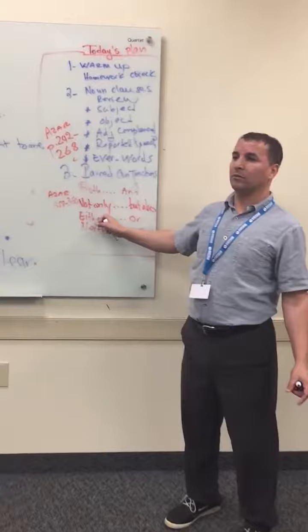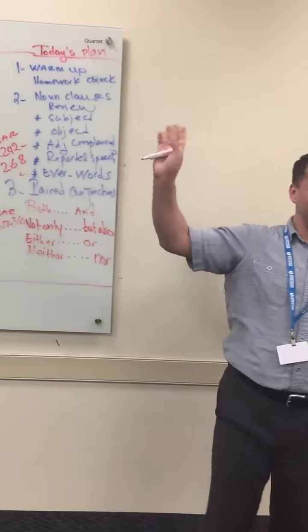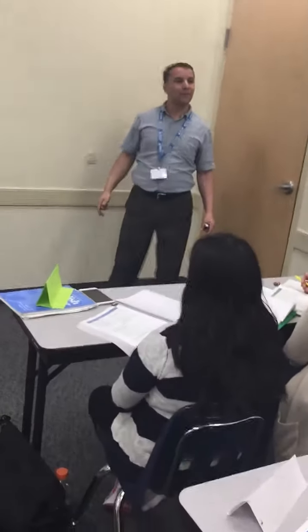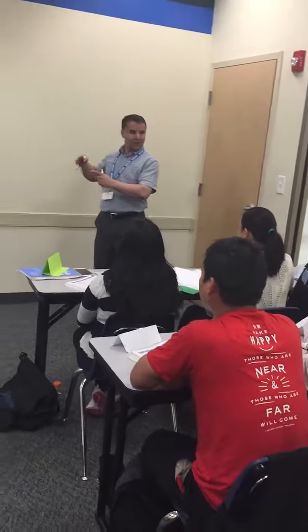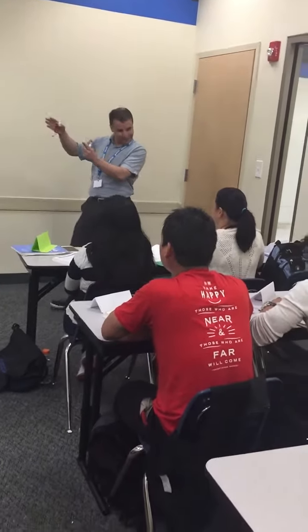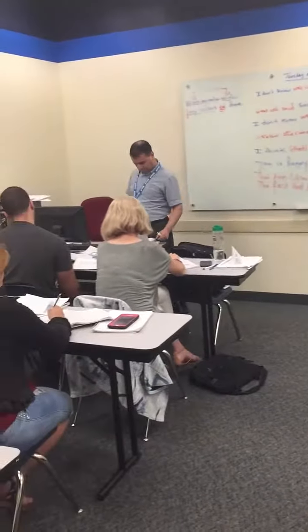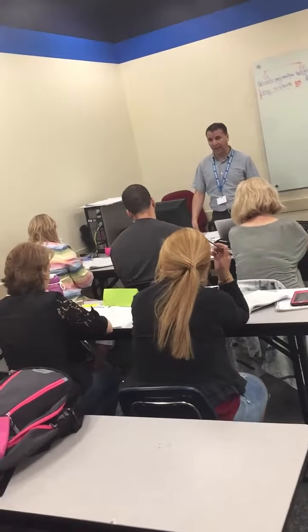Look at the pattern. What do we need to do? Don't be shy. Okay, Fatu, what do we need to do? Look at the part of the subject, the last part, that's near the main verb. Very good. Excellent.